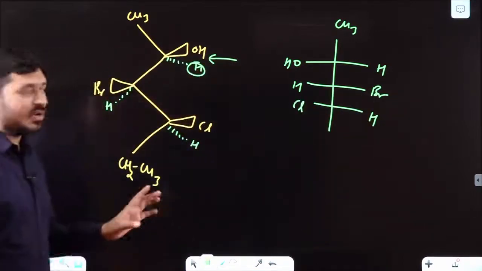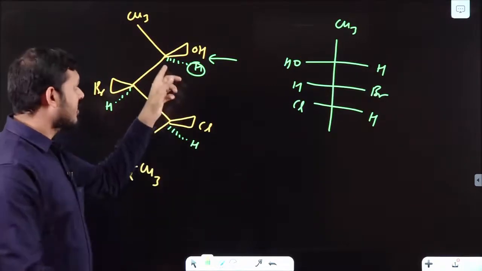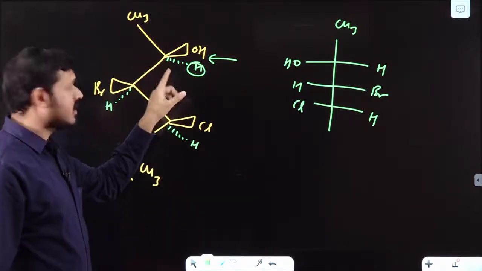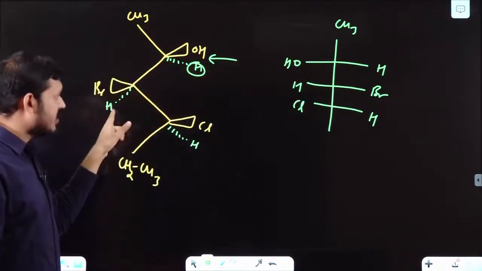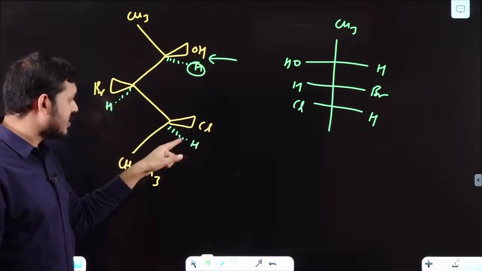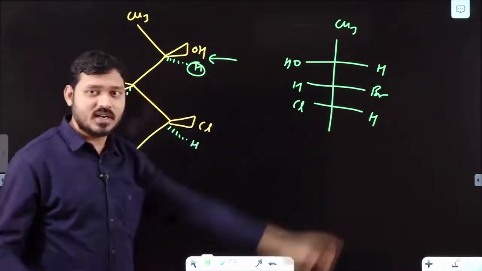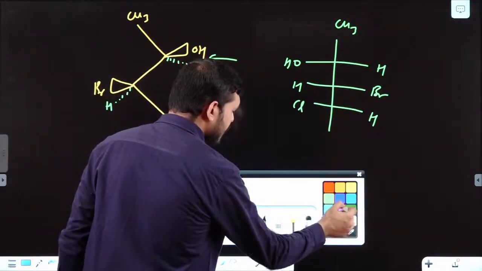Okay, I told you place the dash group on that side which is present in the given form, which is dash. So hydrogen in dash right side, hydrogen in dash left side, okay, this side, and hydrogen in dash right side, so right side. Clear?